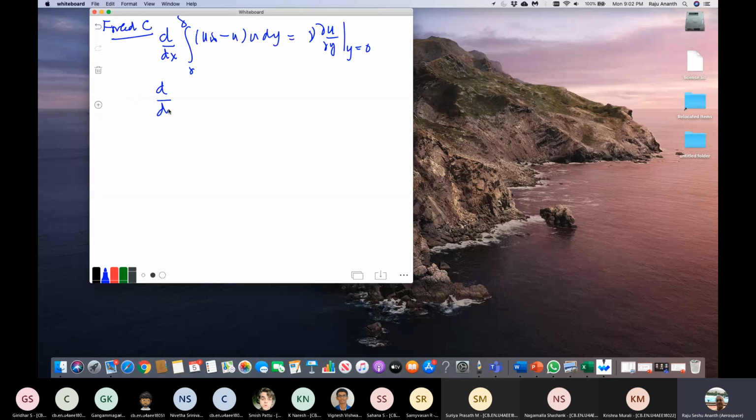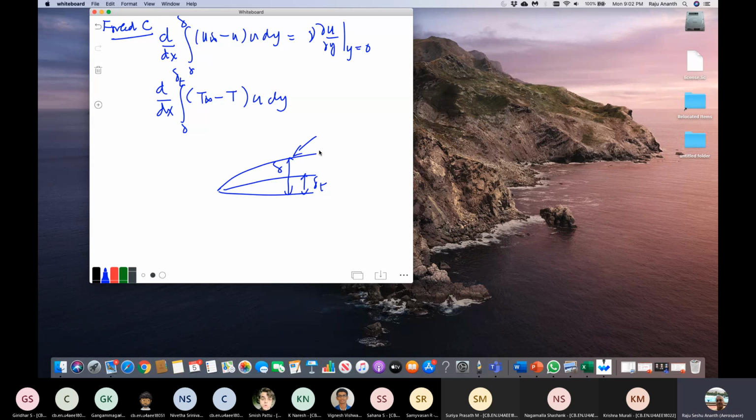d over dx of the integral of T minus T infinity times u. Now, I don't have to go to delta, because if my boundary layer, this is delta t and this is delta, this is the momentum or velocity boundary layer, and this is the thermal boundary layer. Then I want to integrate only up to delta t.